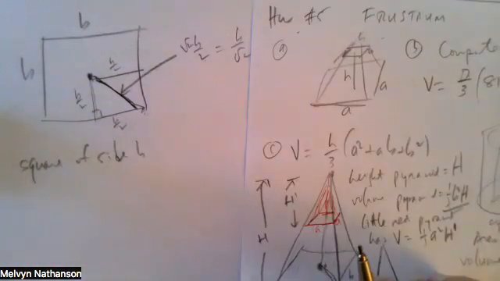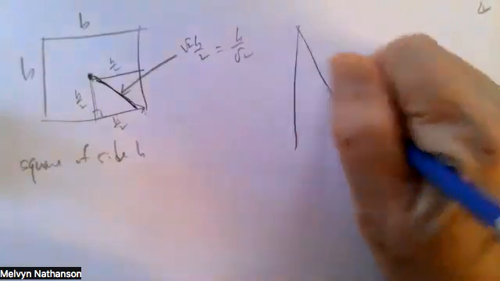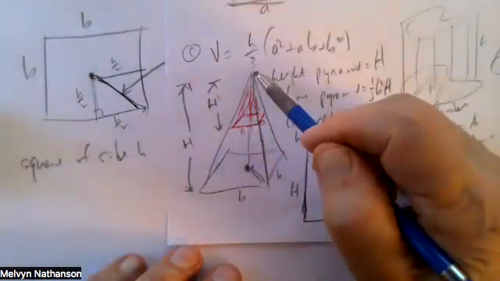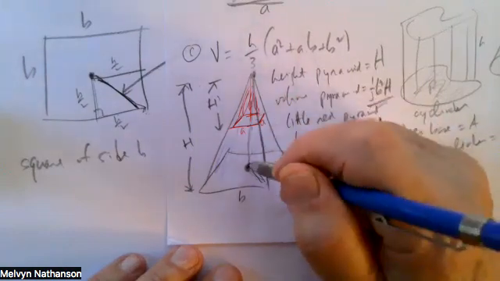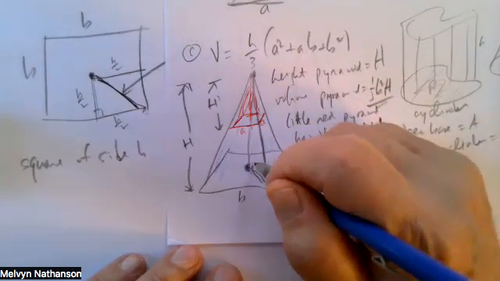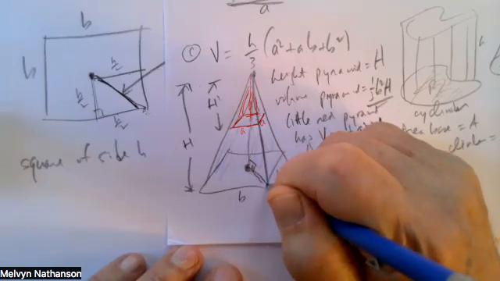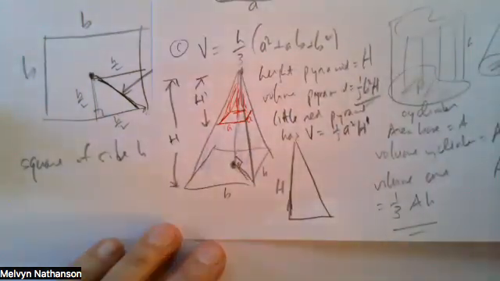So if you go back and look at our pyramid, if you take the vertex, the top of the pyramid, drop the vertical line to the base, it hits the base in the center. Draw the line from the center to any vertex of the square base, that's a right triangle.